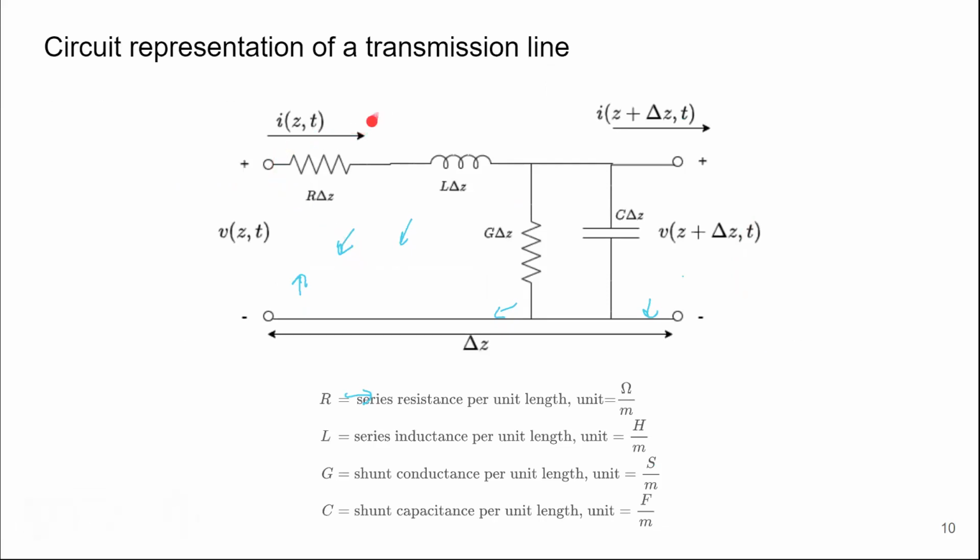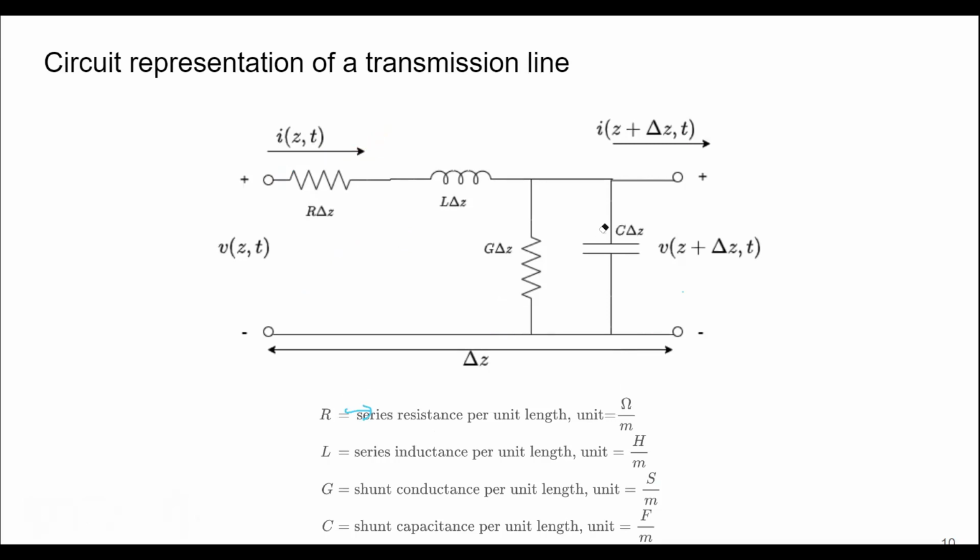So we have now defined the circuit for the transmission line using circuit components. Now we can define a small cross section of the transmission line using this circuit, right?